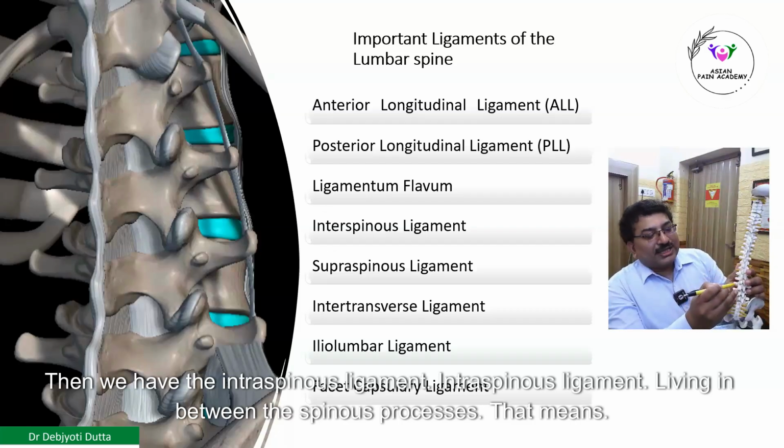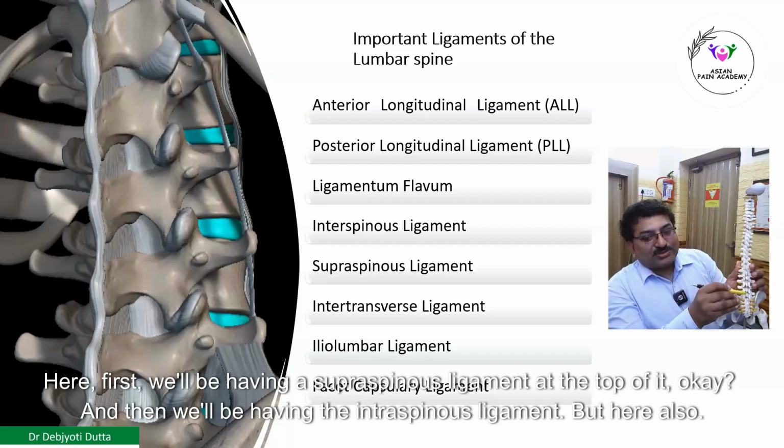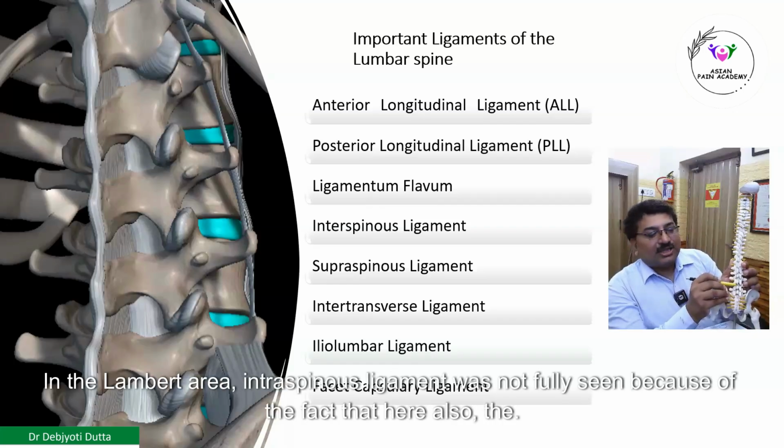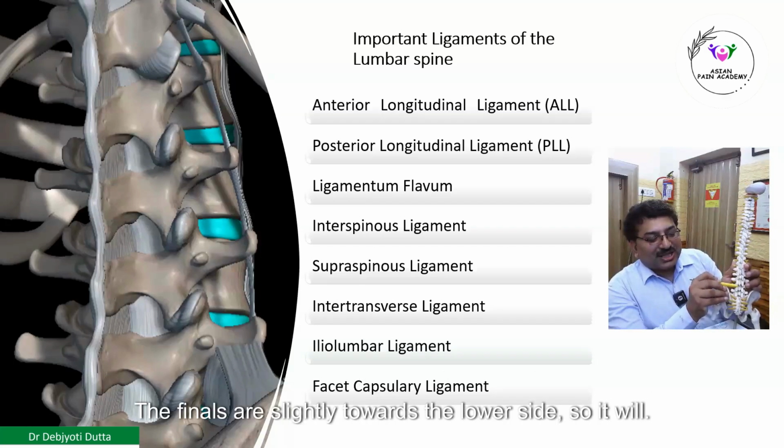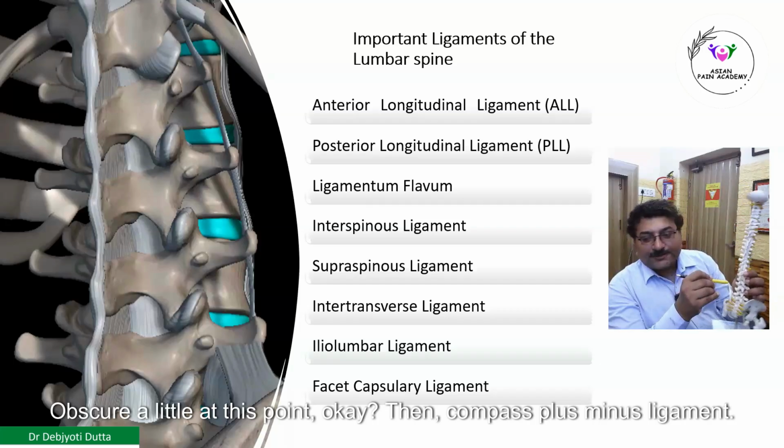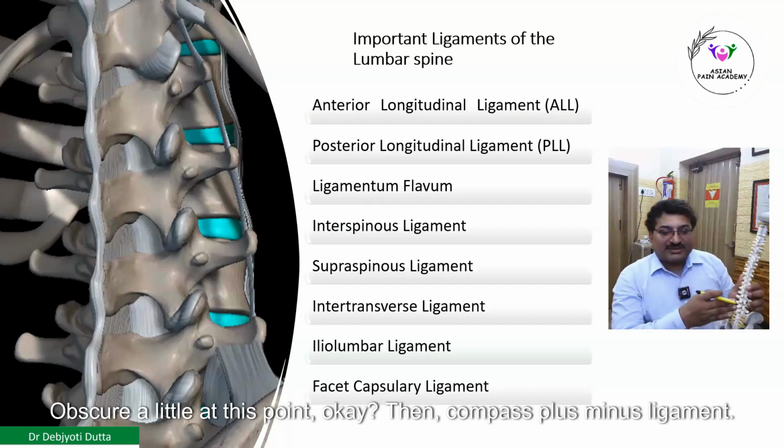First we'll have the supraspinous ligament at the top of it, and then the interspinous ligament. But in the lumbar area, the interspinous ligament is not fully seen because the spinous processes are slightly towards the lower side, so it will obscure a little at this point.